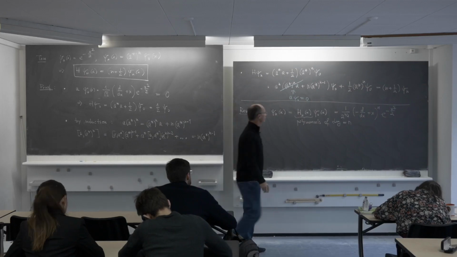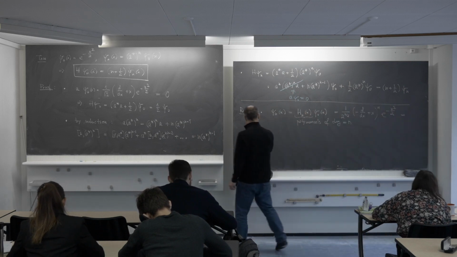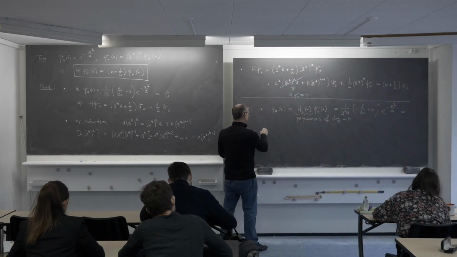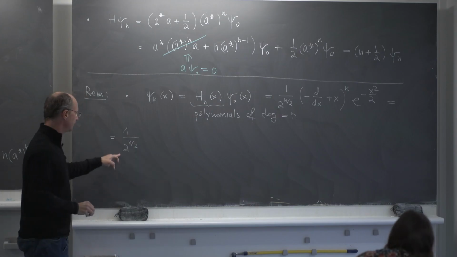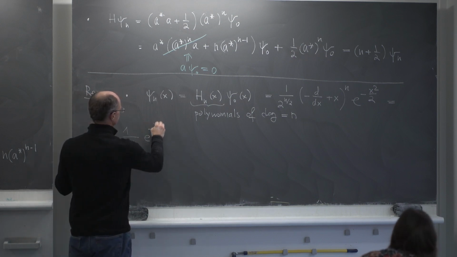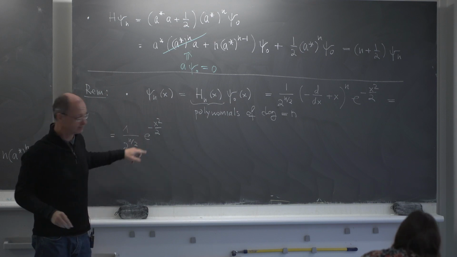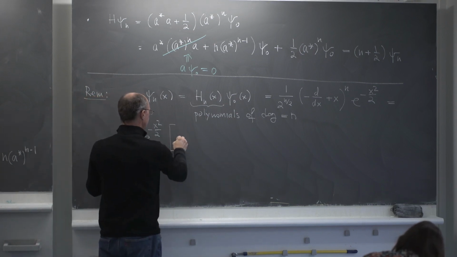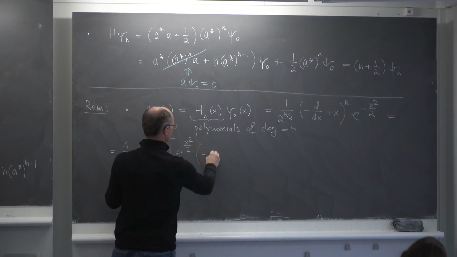Now let me do the following trick. Let me write it as 1 over 2 to the power n over 2. Here I'll write exponential of minus x squared over 2. And now I will write the following. So watch my hands.